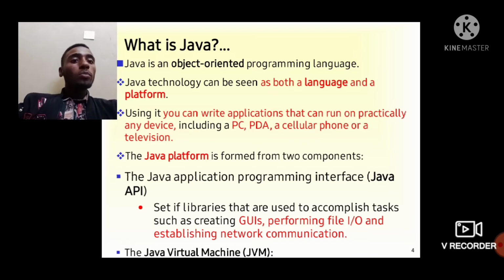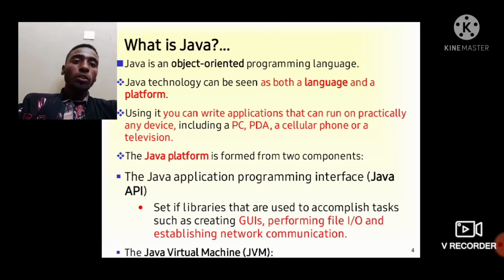Java platform is formed from two components: the Java Application Programming Interface and the Java Virtual Machine, or JVM. What is the Java API?